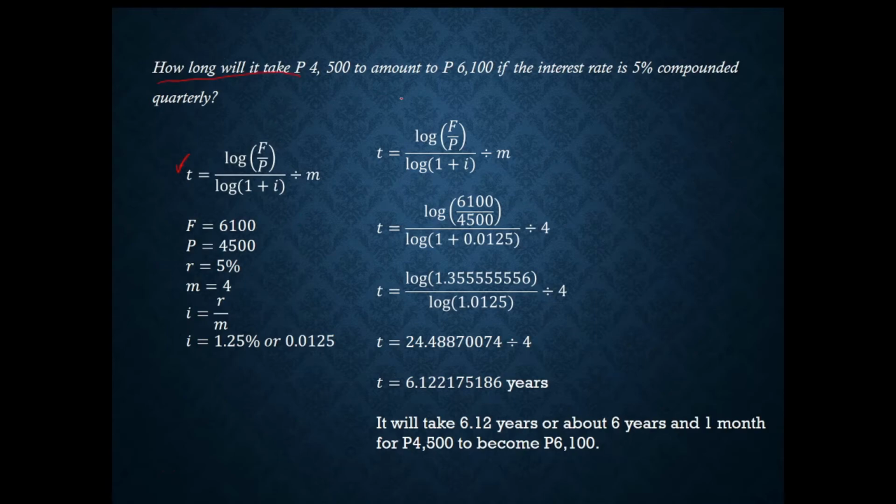How long will it take? You have the future value, 6,100 pesos, and a principal of 4,500 pesos, because that 4,500 pesos accumulated a certain amount based on the interest rate, which is 5%, and it will be compounded quarterly. So it's reflected there what we need to take note of in our word problem.